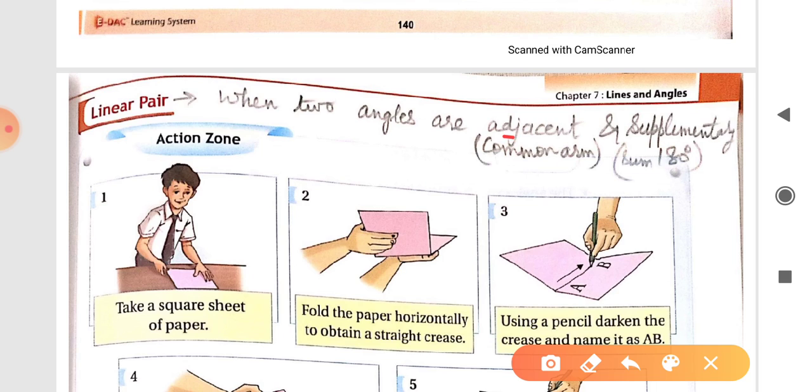Adjacent means they should have a common arm, and supplementary means the sum of these two angles is 180 degrees. A linear pair can be formed by two or more than two angles, when these angles are adjacent and supplementary.